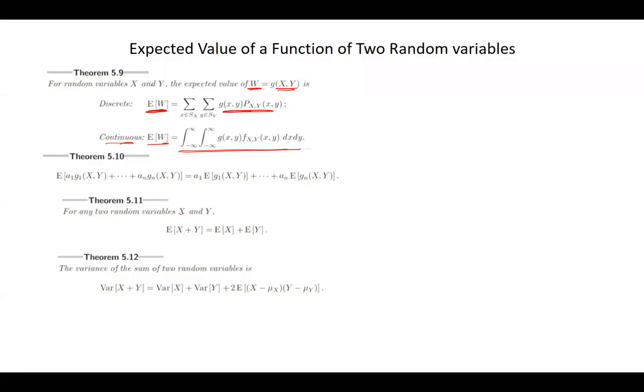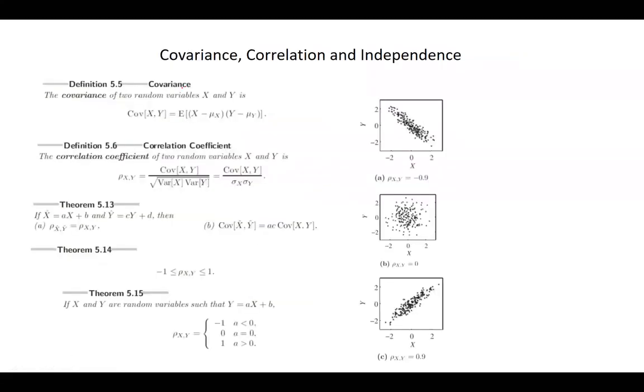And for any two random variables x and y, the expected value of x plus y is equal to the sum of the expected values of the random variables. Variance of the sum of two random variables can be written as a summation of variance of the random variables plus 2 times expectation of x minus mu x times y minus mu y. Here we define then covariance.